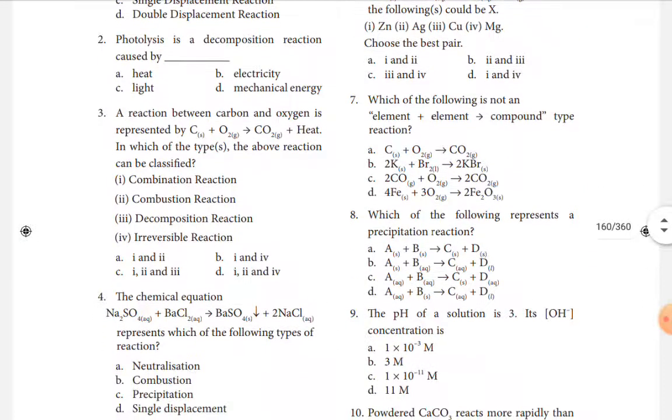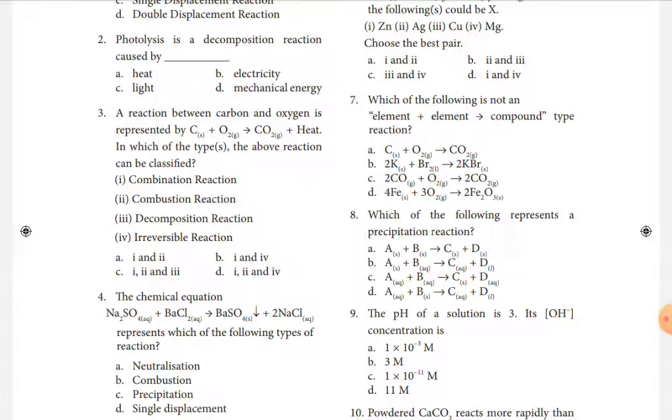Option C. A reaction between carbon and oxygen is represented by C + O2 gives CO2 + heat. Carbon burns in the presence of oxygen to give carbon dioxide and heat. This reaction is a combination reaction because two reactants combine, and also a combustion reaction because carbon burns in oxygen.